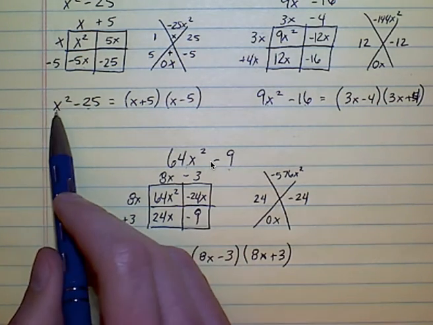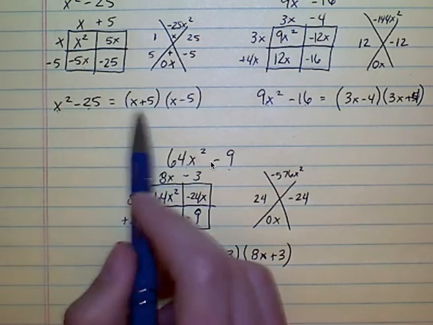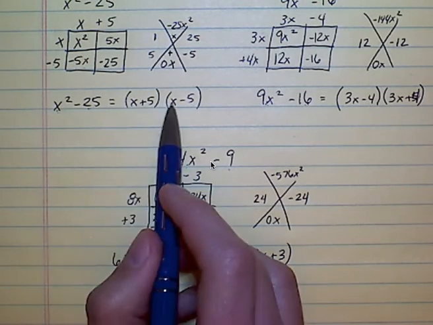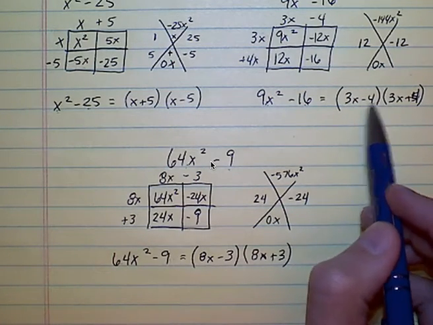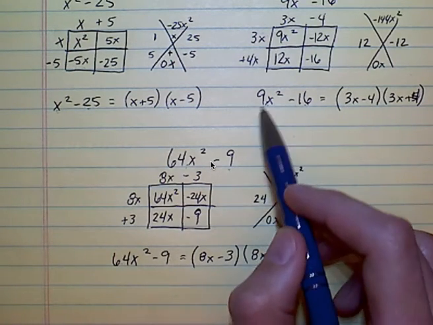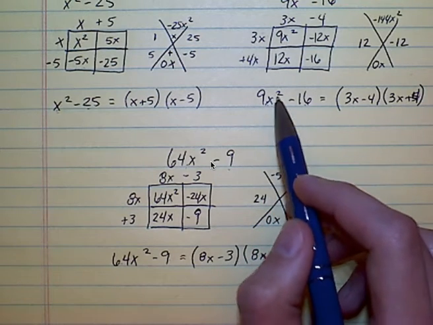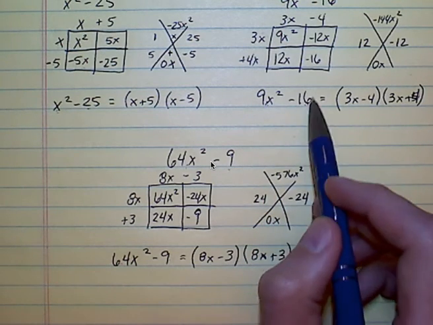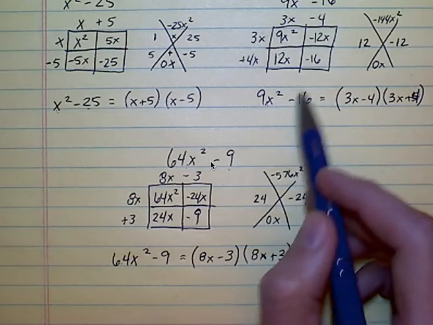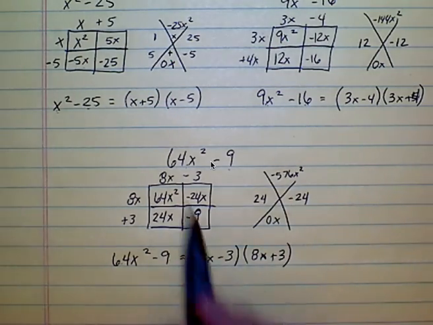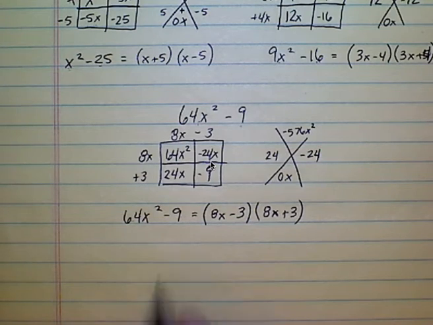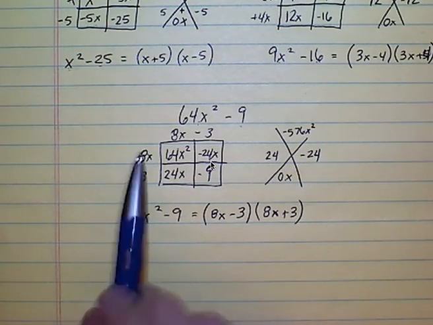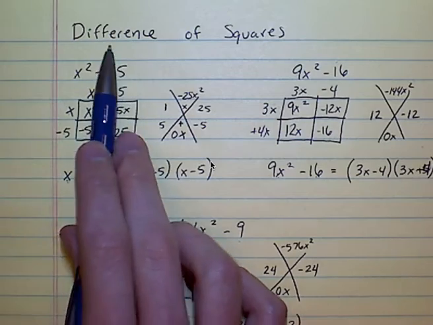Well, what you'll notice is for x squared, x times x, that's the first term. Each of those is an x and an x, and the 25 is a 5 and a 5, right? So the square root of 9x squared is 3x, well, that's the first term, and the square root of 16 is 4, which is the second term, and that is true in all of these cases. And so our rule is for the difference of perfect squares, and this only works when it's a subtraction symbol.